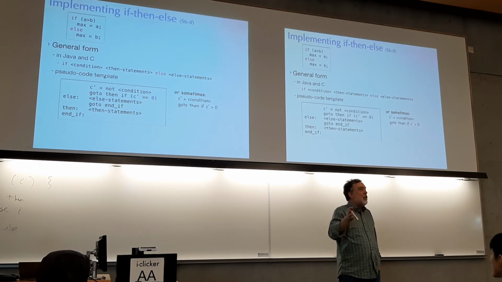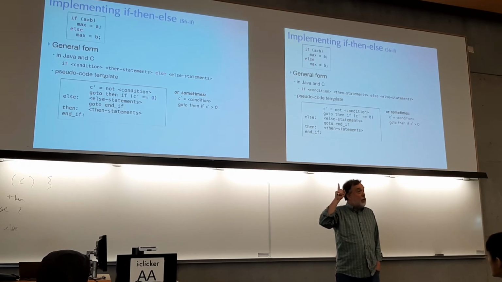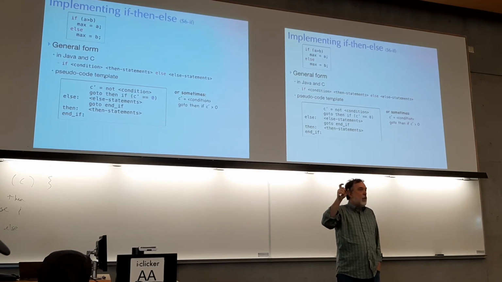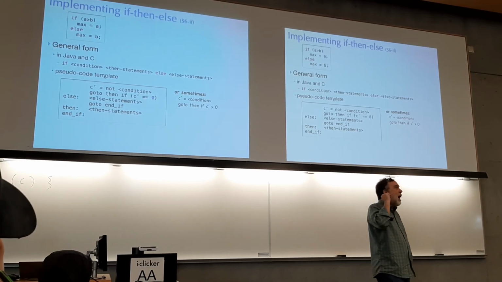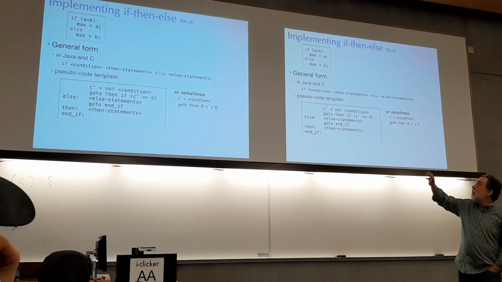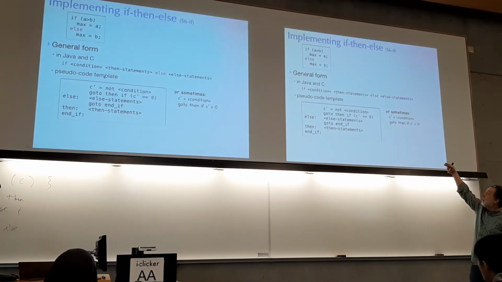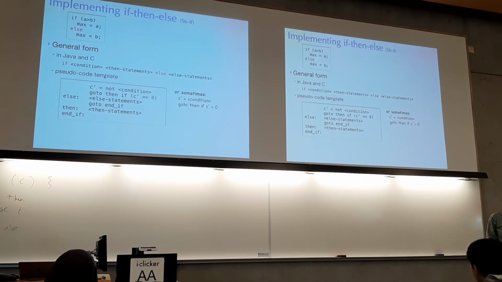Which maybe is kind of true. It doesn't matter; I just want you to answer the question: if the then part executes more frequently than the else, why is this structure better than flipping it around and doing the else part first? Let's talk to each other.